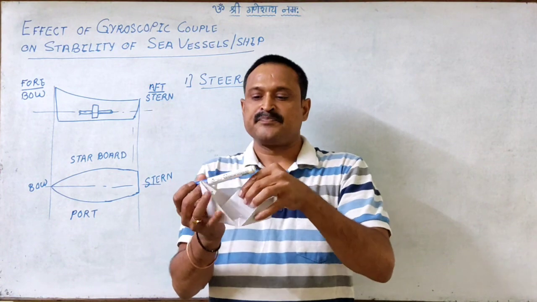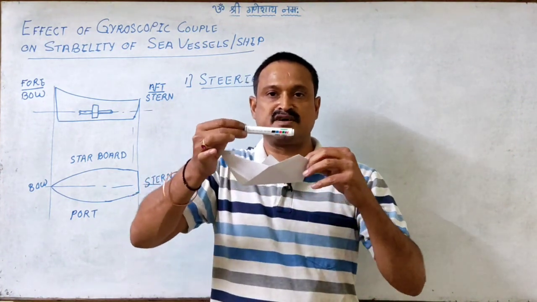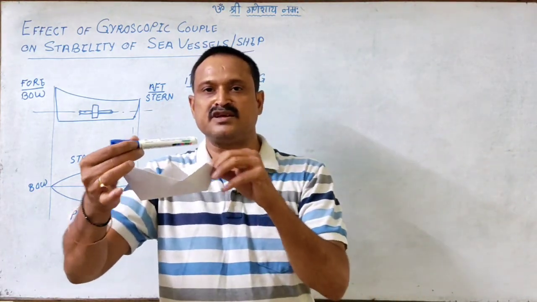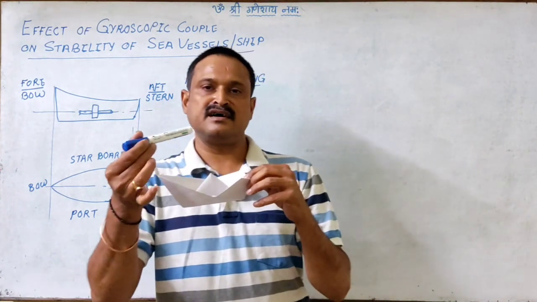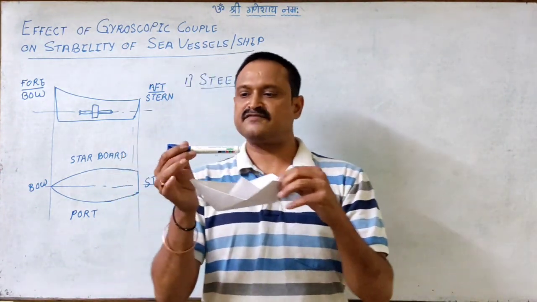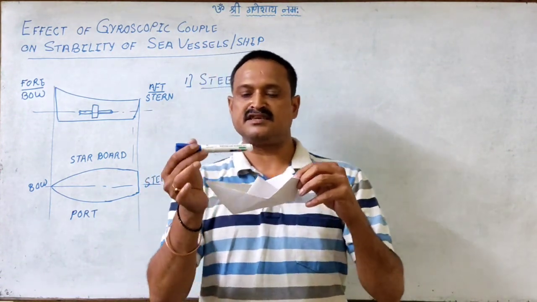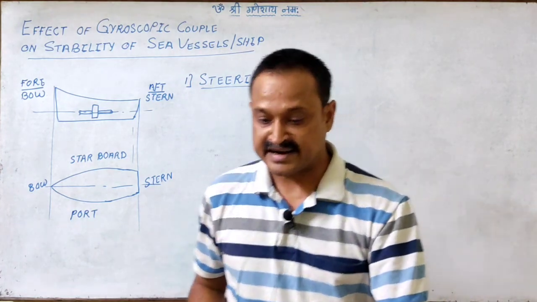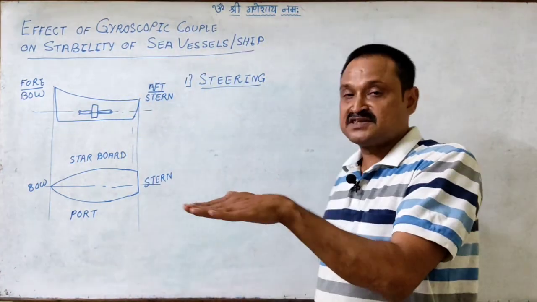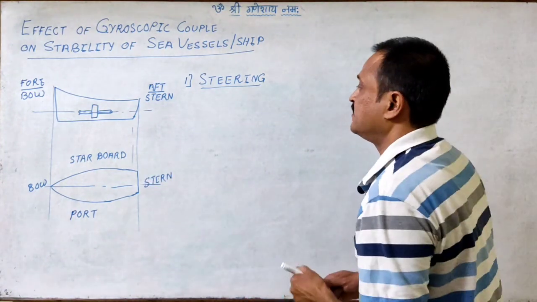So if this is the axis of the rotor of the boat, when it is turning to the left, that means the rotor axis is turning to the left. So we see that as if the spin axis is turning, or when it is turning to the right. This condition is called steering. So on the surface of the water, it is turning either to the right or to the left.